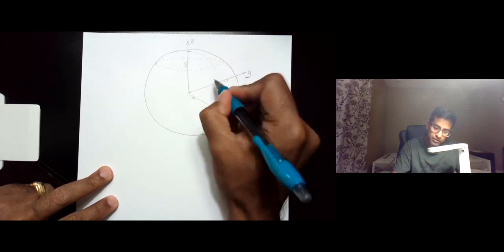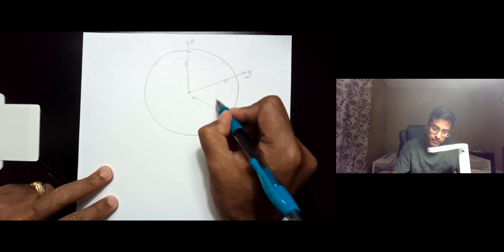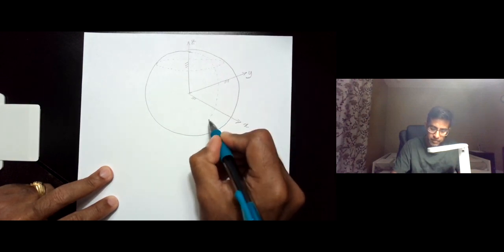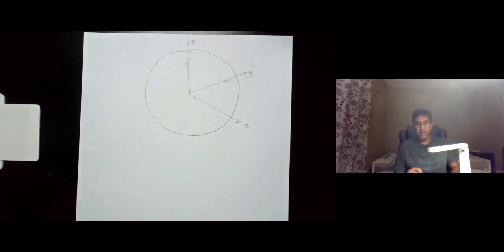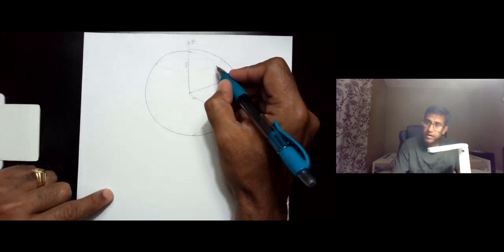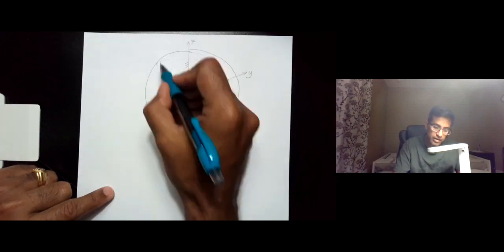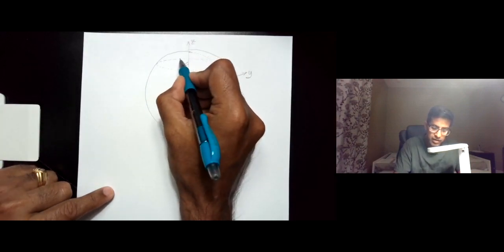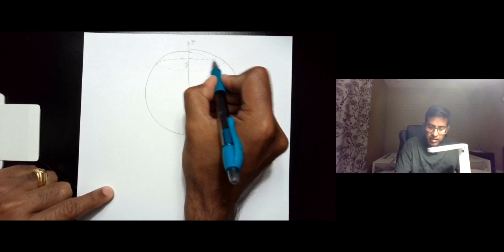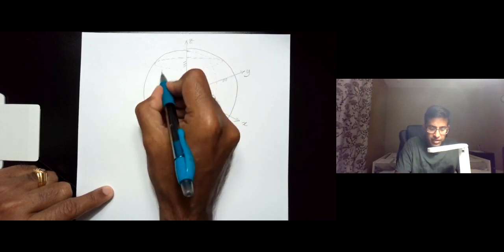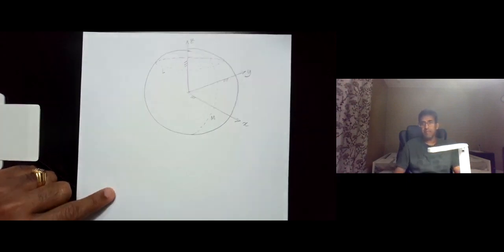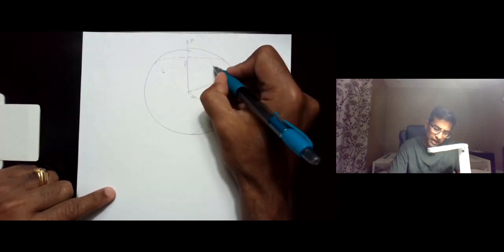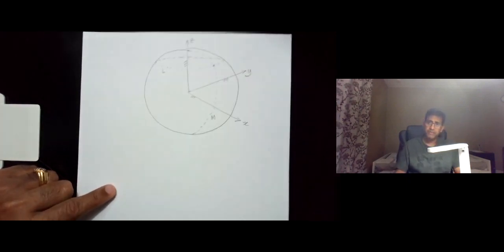So here is a latitude L, and here is a longitude or a meridian M, and this is the intersection point.